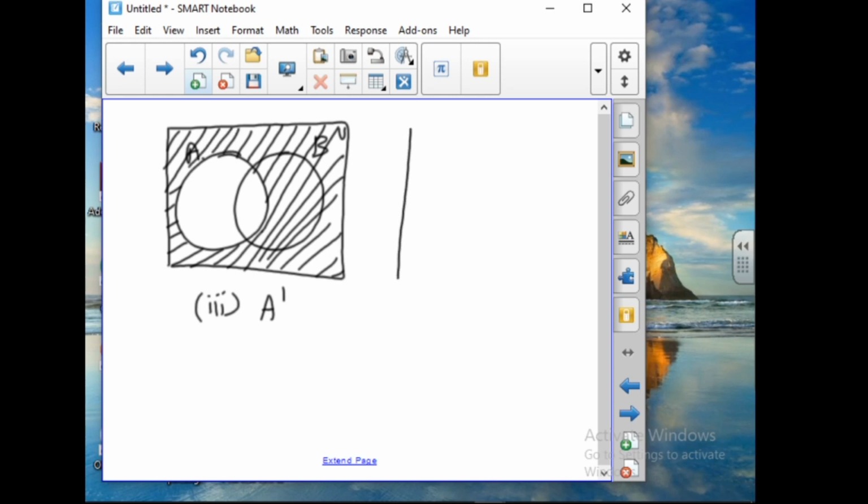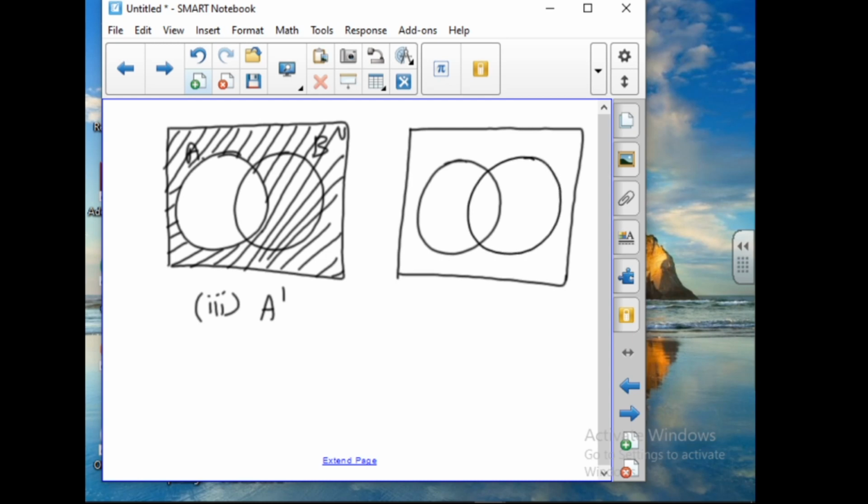Then next one, like this you have to find for B dash. Except B is called B dash. Okay, so except the B circle you have to shade.